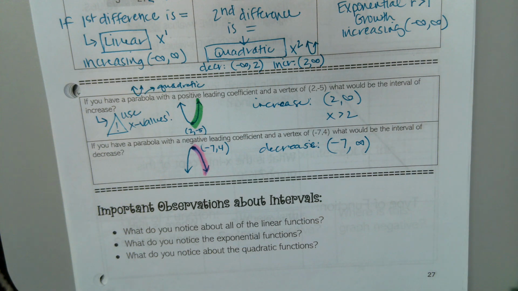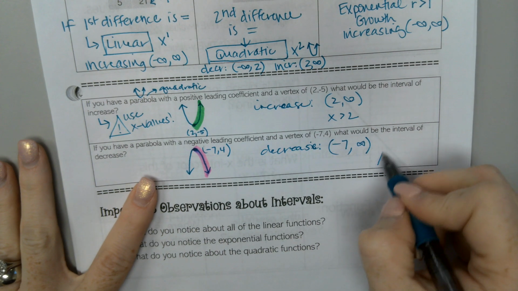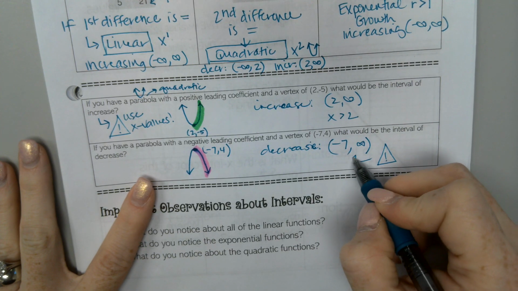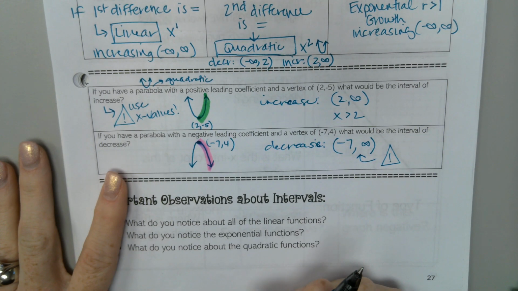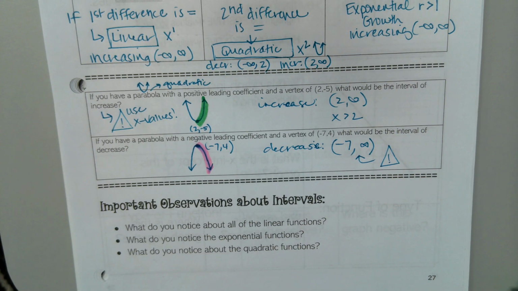That's where you're telling me what direction the tails are pointed, okay? I want to know from left to right, is it rising, falling, or flat? Okay? Common mistake. I'm going to put a caution sign right here, and I'm going to draw an arrow.